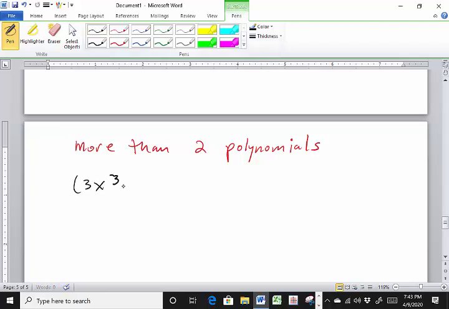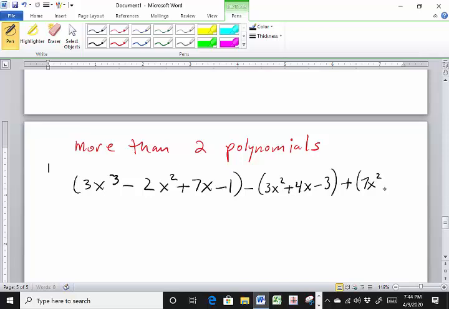3x cubed minus 2x squared plus 7x subtract 1, and then subtract 3x squared plus 4x minus 3, and then we'll add 7x squared plus 4. So let's just add or subtract left to right.